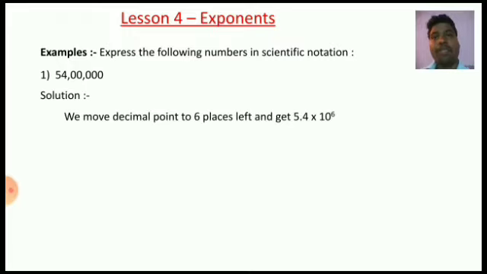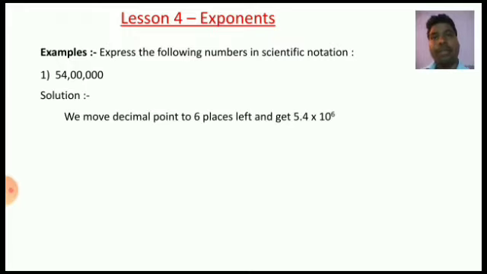Why does this 10 raised to 6 come here? Because we move the decimal point 6 places to the left, so we get 5.4 into 10 raised to 6. This way we express this type of number into scientific notation.